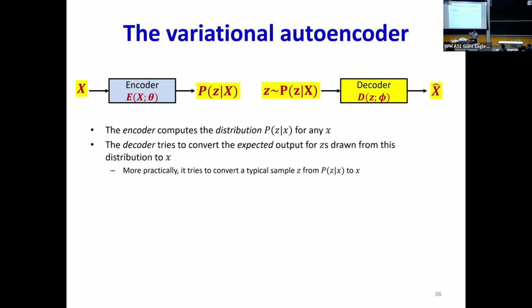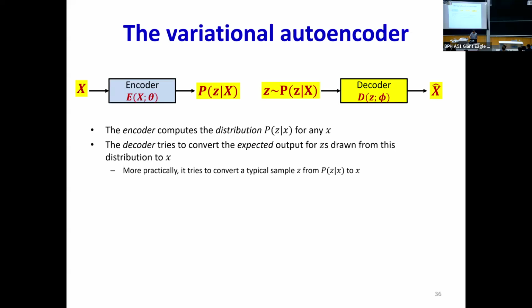Now, the encoder is generating an entire distribution, right? And so every single point in the space of z's could potentially be converted to x, but the kind of noise that you would require to add to it will have different probabilities. So there's an expected output where things that require a lot of noise will have much lower probability than things that require very little noise.